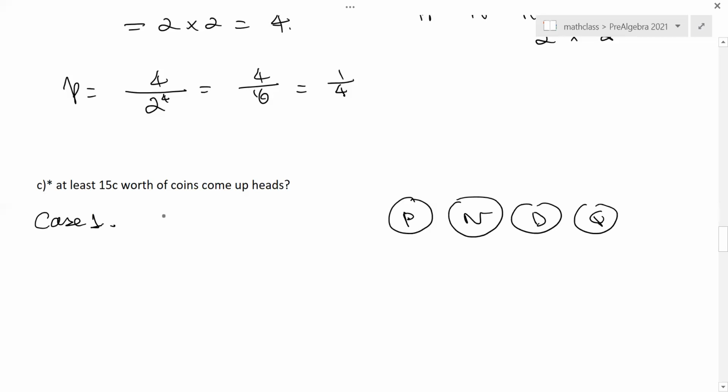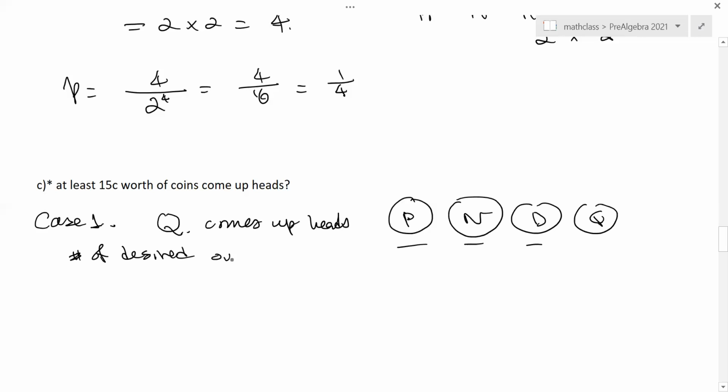So we assume that the quarter comes up heads, so you already get 25 cents, so it's guaranteed. So in that case, the number of favorable outcomes will be, there's no choice, that can be any of them, either H or T, right? So you always guarantee you get a minimum of 25 cents.